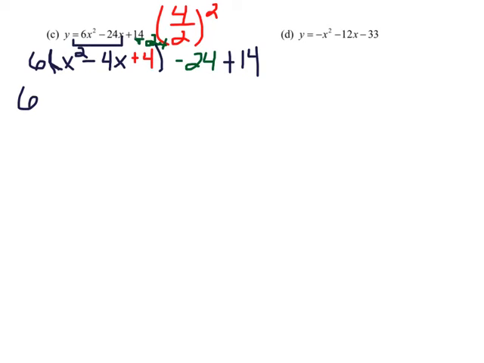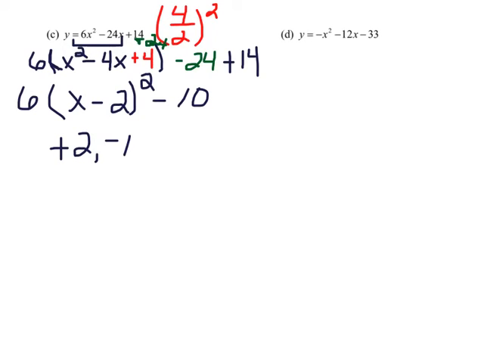I'm going to have 6 times x minus 2 squared minus 10. What's my vertex? My vertex is going to be a positive 2, comma, negative 10. Because this guy is positive, that means I'm going to have a minimum.